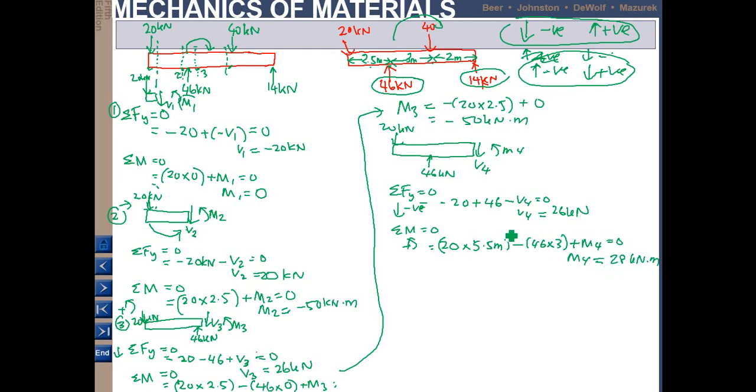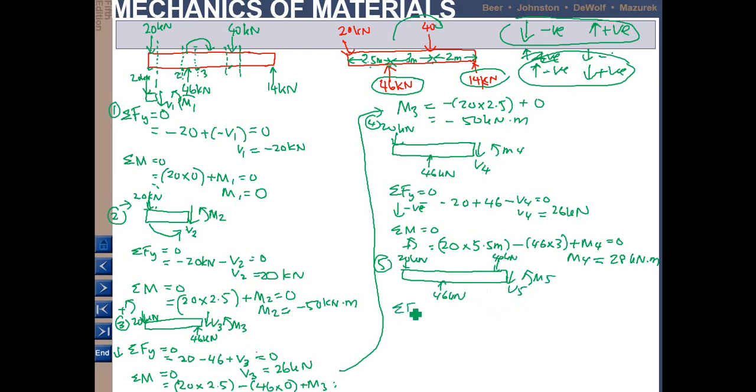Okay, and then just after the 40 kilonewton force, you cut another section. So at point 5, this is point 4, this is point 5. So this is 20 kilonewton, this is 46 kilonewton, and then you have 40 kilonewton here, and then you have V5 here, and also the moment at point 5.